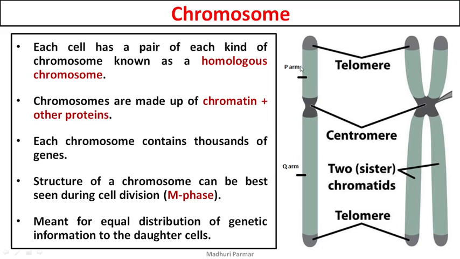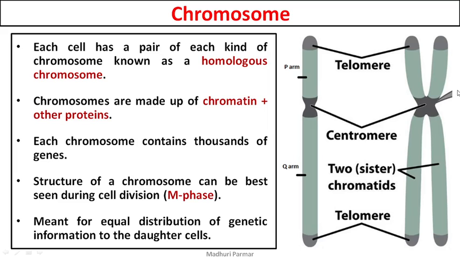The smaller or upper arm is called the P arm and the lower arm is called the Q arm. Clear? Both of these arms are connected by a centromere, and then you have the ends which are called telomeres.